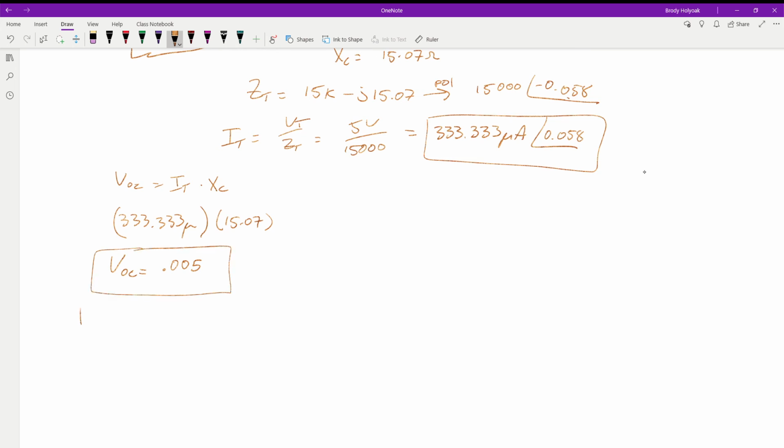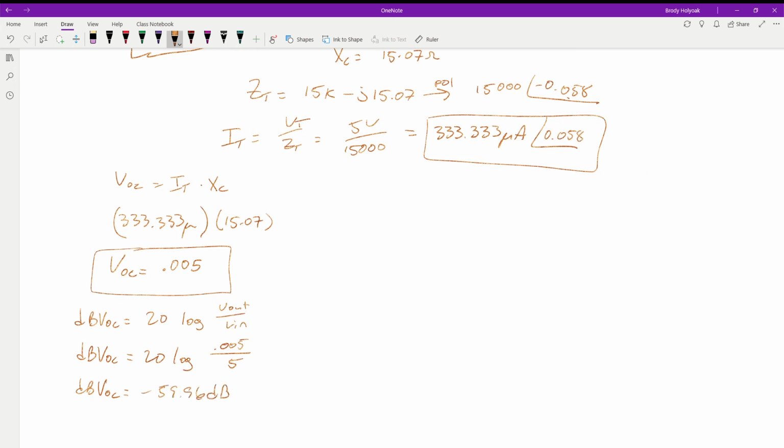Now we want to know what this is in dBs, so we can compare everything together. And 20 log times V out over V in. The decibels that we have is minus 59.96.